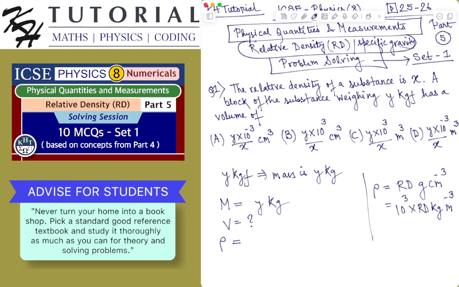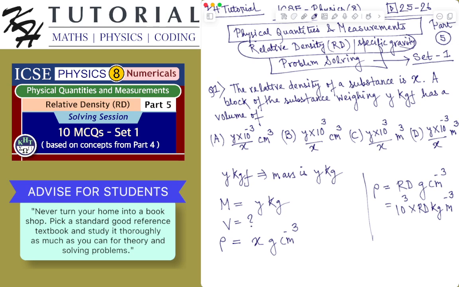So the density of the substance will be X gram per centimeter cube, since the relative density is given to be X. Now the mass of the block we know is in kilogram. So either we convert the mass in gram and then find the volume in centimeter cube, or we can convert the density in kilogram per meter cube and then find the volume in meter cube.